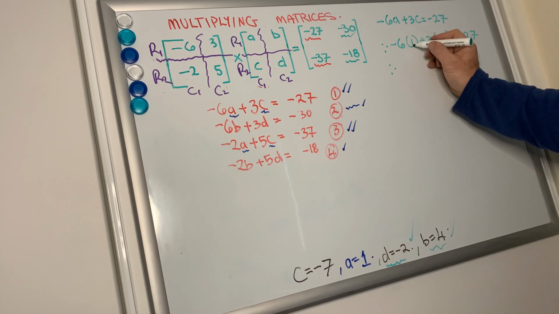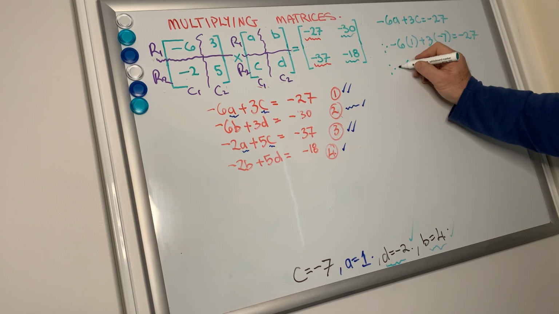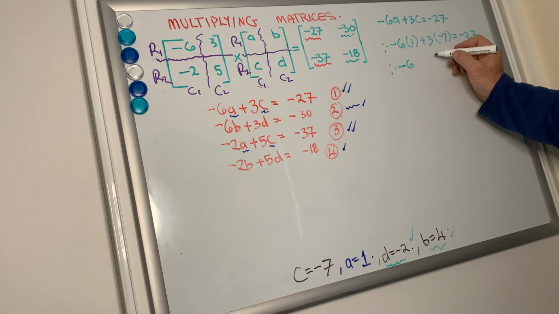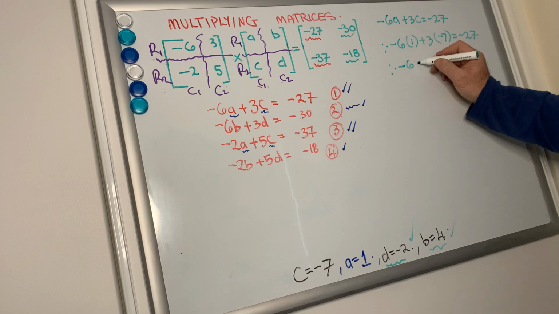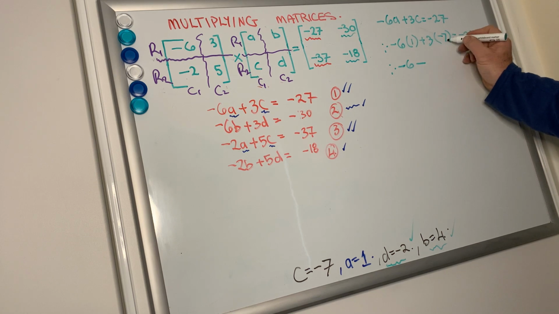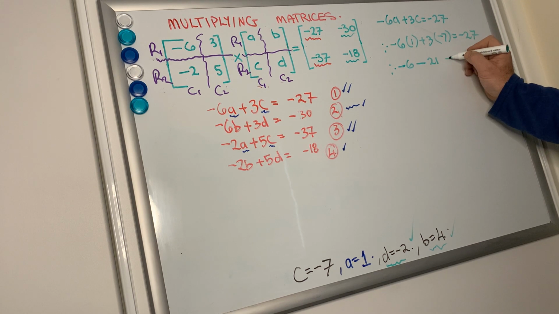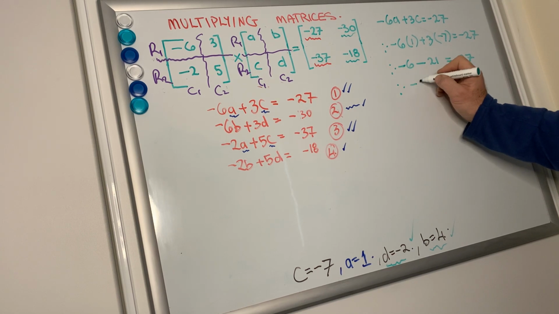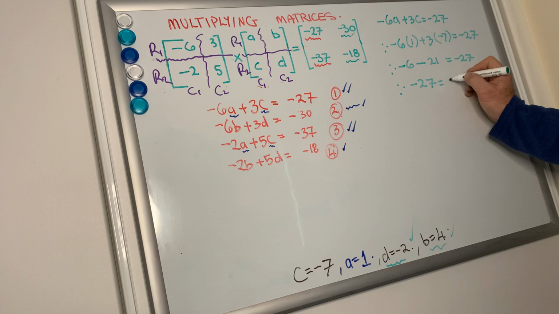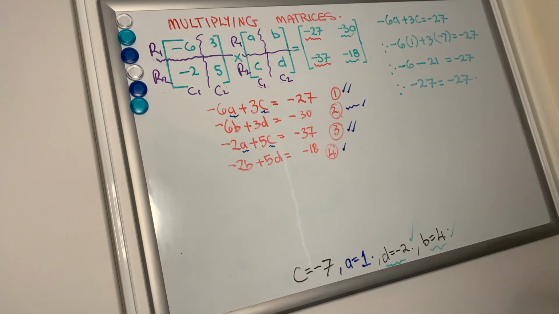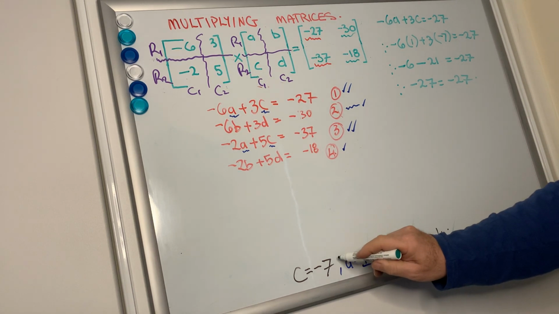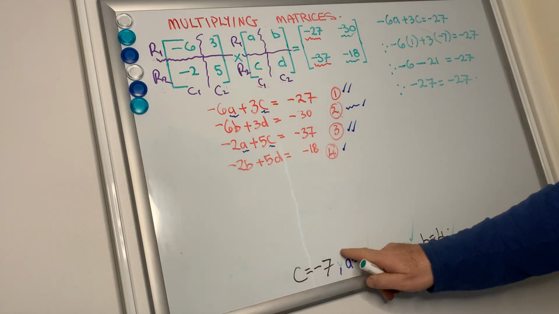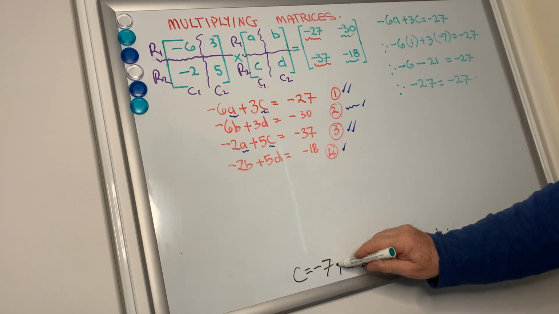Minus 6 times 1 is minus 6, and a positive times a negative is a negative, and 3 times 7 is 21. Minus 27 equals minus 27. So that works, and we know that's correct.